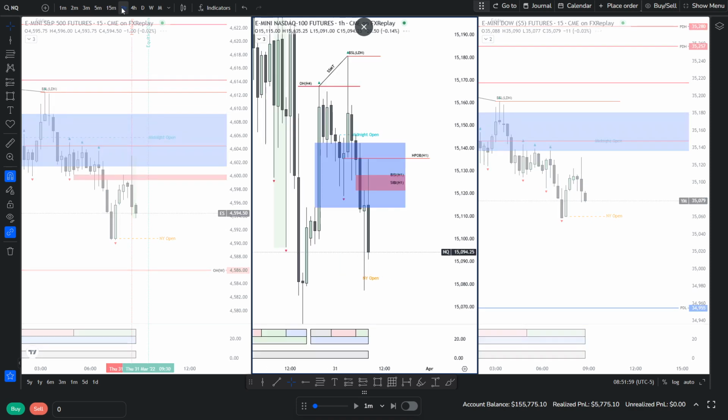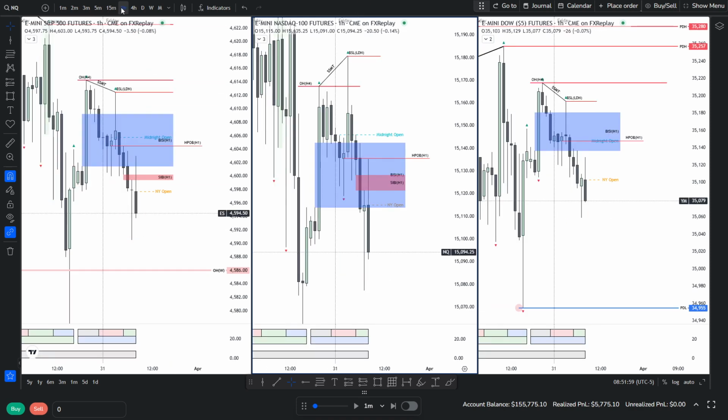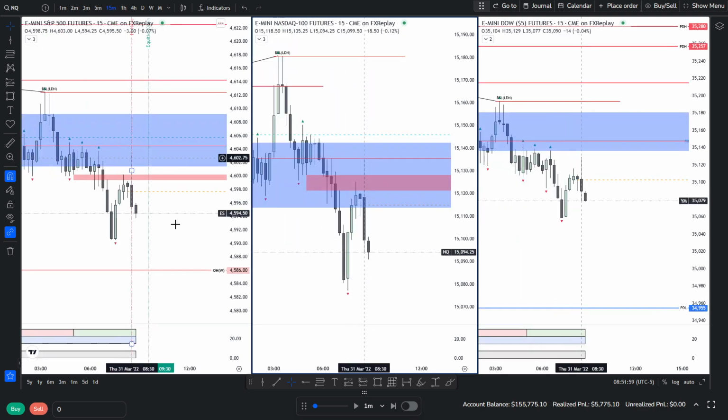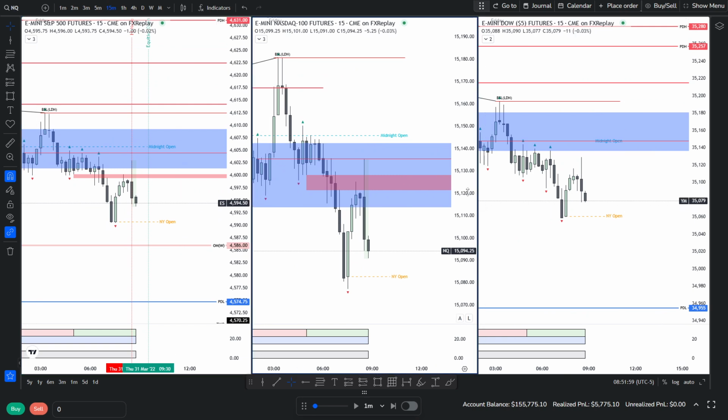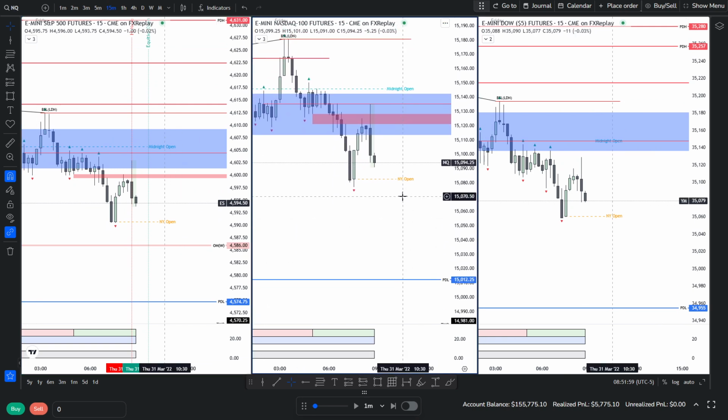I've just paused it a second. It just certainly looks like continuation lower. None of them are particularly close to that key price level, if I'm honest. But we'll see. Let's go.